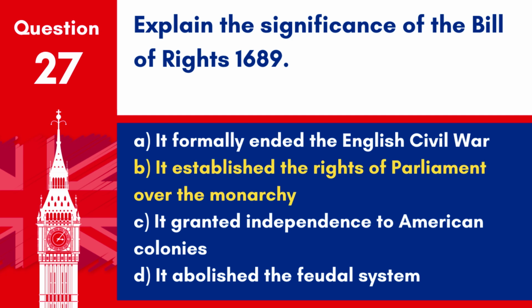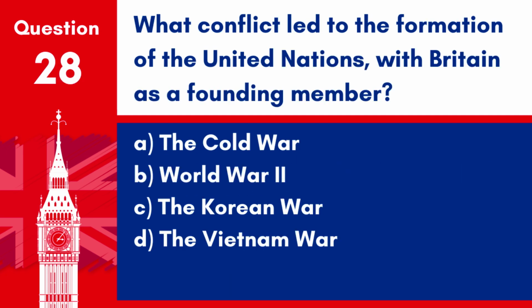Answer: B. It established the rights of Parliament over the monarchy. The Bill of Rights 1689 was significant for limiting the powers of the monarchy and setting out the rights of Parliament.